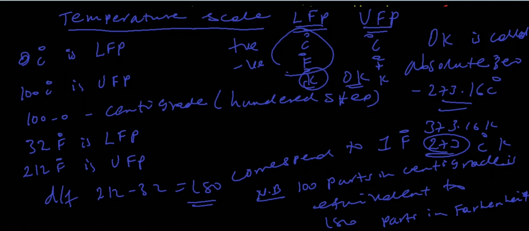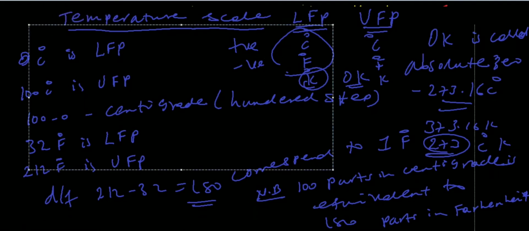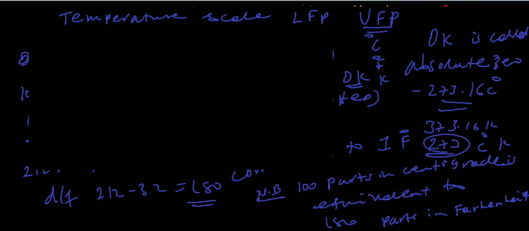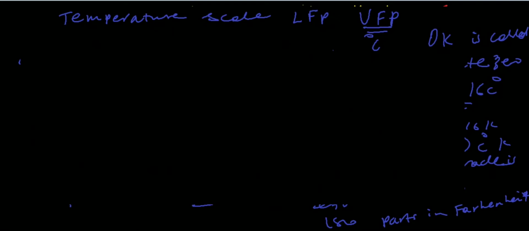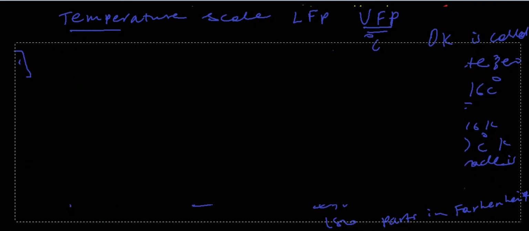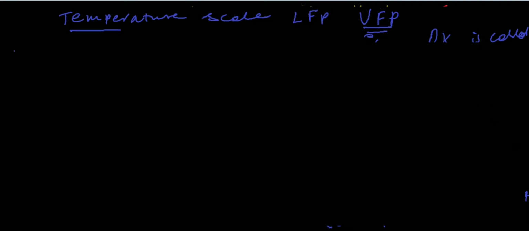Therefore, let's see the interval. The lower fixed point of degree Celsius is 0 and for degree Fahrenheit is 32, and we have to remember that the interval of this scale is the same as for the Celsius.